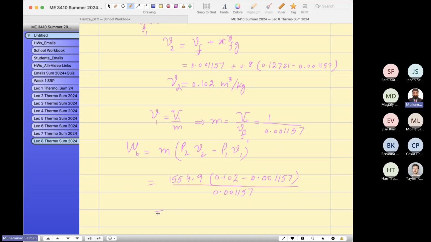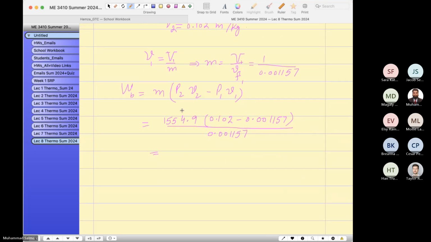So if you solve for this, you can open your calculators and see what you get. But I can try in my calculator. 1554.9 times 0.102 minus. Yeah, this is in joules.